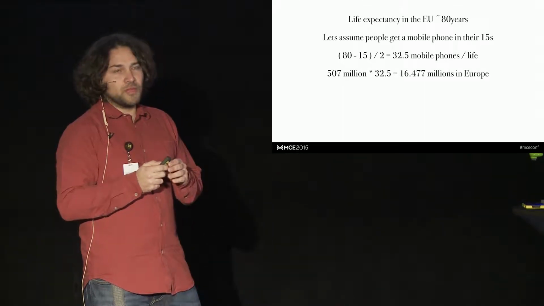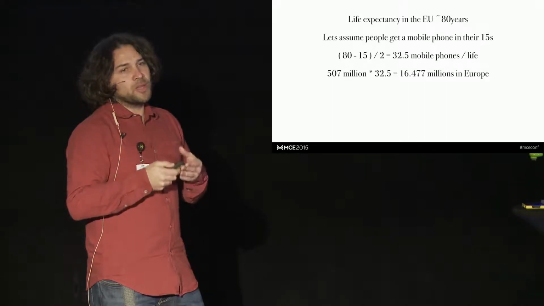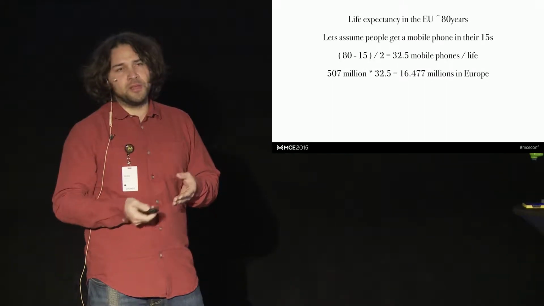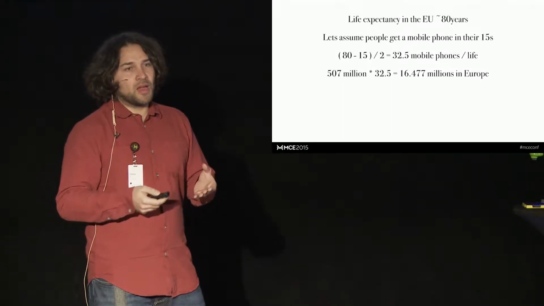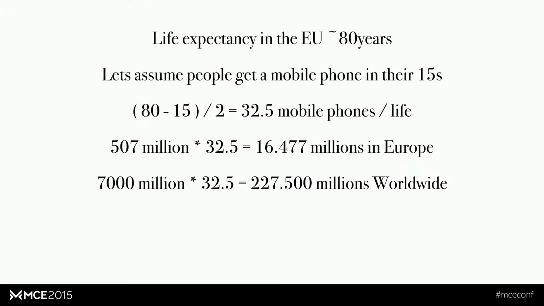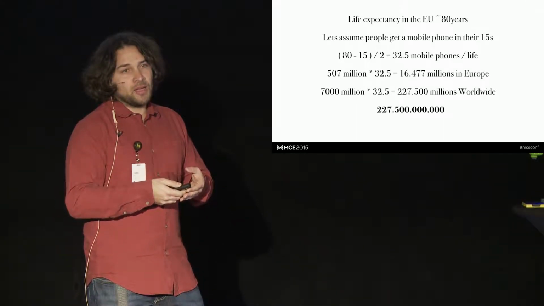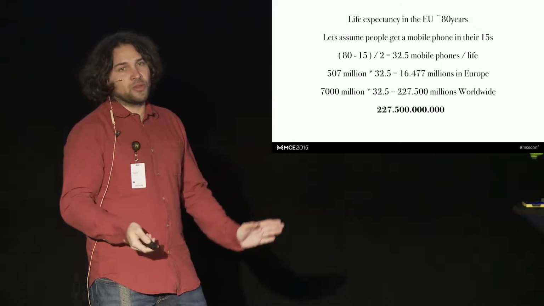And if we imagine that all the people in the world, around 7,000 million people, will have a smartphone, during our lifetime we would be throwing away this amount of phones, which is really crazy. I think we never, as human beings, have been throwing away at this fast pace any other piece of technology.